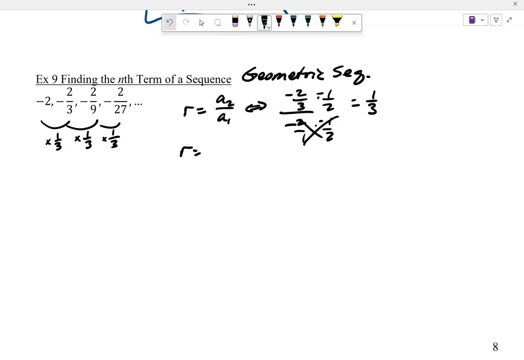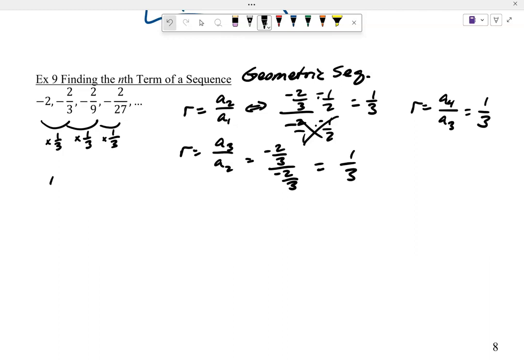And that should be the same thing as the third term over the second term. So negative 2/9 divided by negative 2/3 is also 1/3. And the fourth over the third would also give you 1/3. So you definitely have a common ratio here. You are multiplying by 1/3 each time. So it is a geometric sequence.